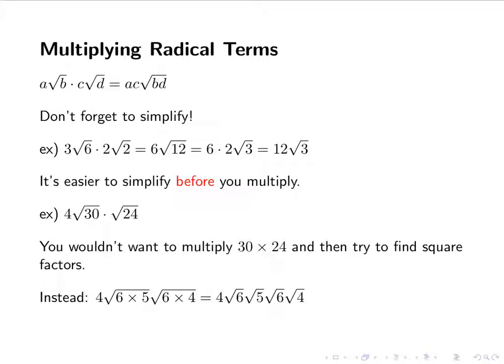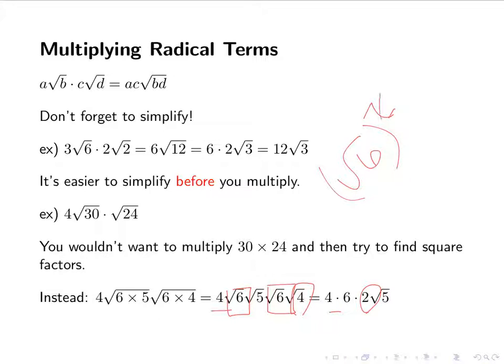From there I'm going to simplify. So I still have my 4. My square root of 4 becomes my 2 out here. And then I also have root 6 times root 6. So the square root of 6 times the square root of 6 is root 6 squared, and those two cancel each other out, and I'm left with my 6.